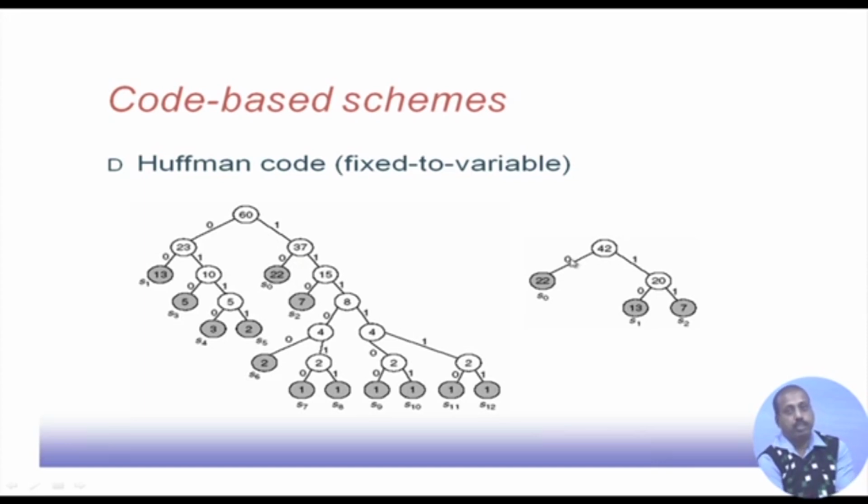Of course, 1 extra bit is needed to identify that it is a code, not a pattern. Similarly, for S1 and S2 with 13 and 7, the number of bits needed is 2, and again 1 extra bit is needed to identify that it is a code to be consulted with the dictionary, and not a pattern directly. So, this is the advantage of selective Huffman code.